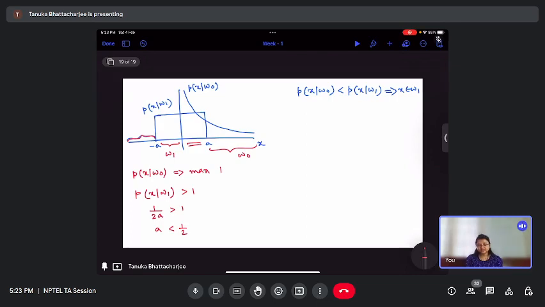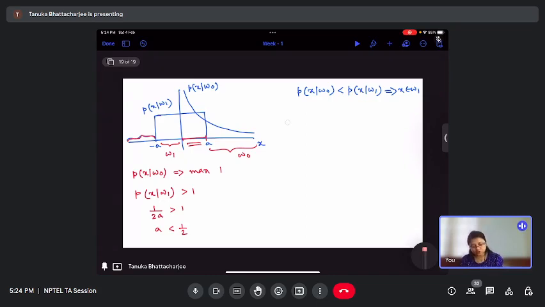If that is the case, then in this portion also probability of x given omega 1 is always greater than probability of x given omega 0, because probability of x given omega 0 can asymptotically reach the maximum of 1. So, always the class conditional density of class omega 1 is higher in this particular region, so you can assign this region also to omega 1.